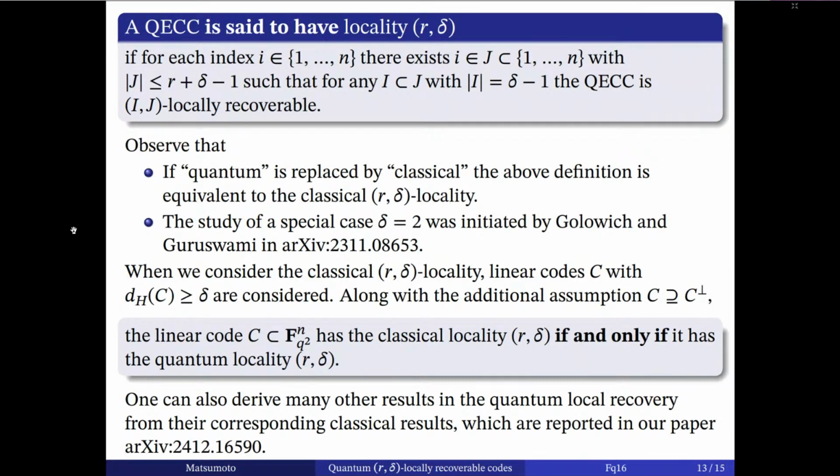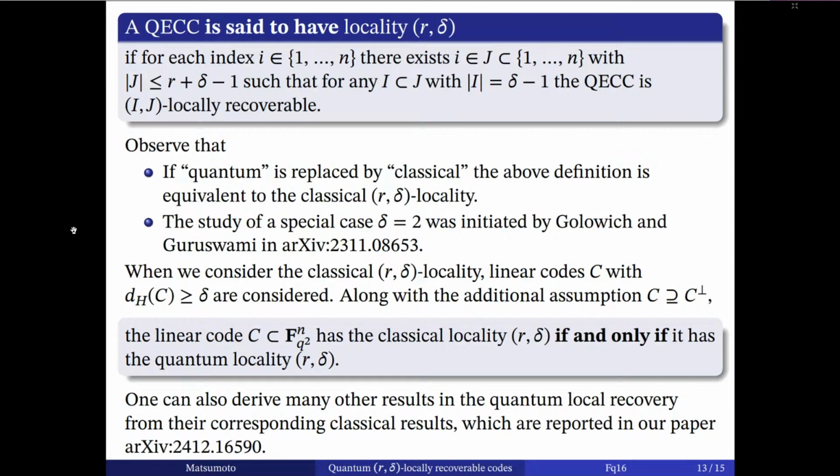By translating the classical definition, we can consider (r, delta) locality in the quantum setting. A quantum error correcting code is said to have locality r and delta if for each index... okay, I skip this definition. When we consider (r, delta) locality, a linear code C with Hamming distance larger than or equal to delta is considered, along with the additional condition, C containing C-perp, which is required to define a quantum error correcting code.